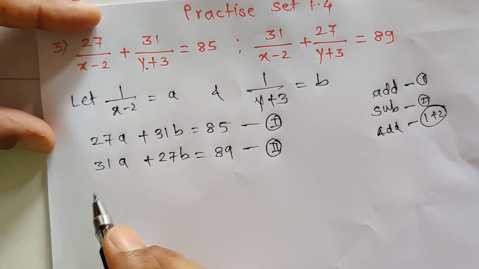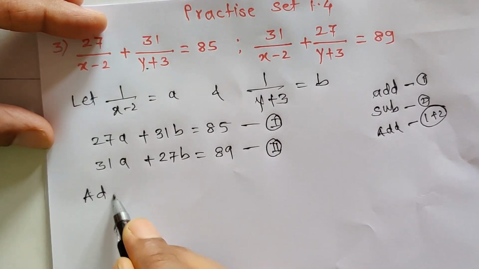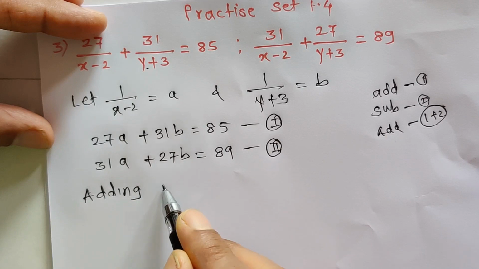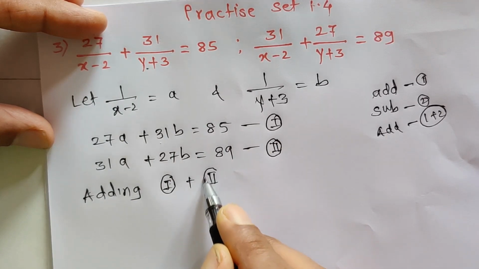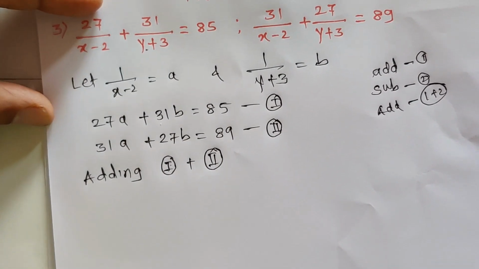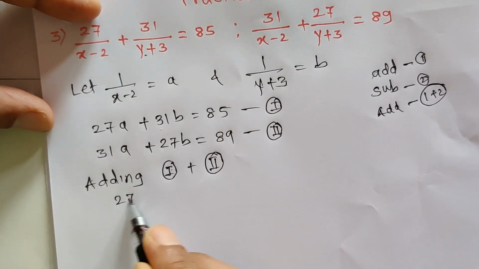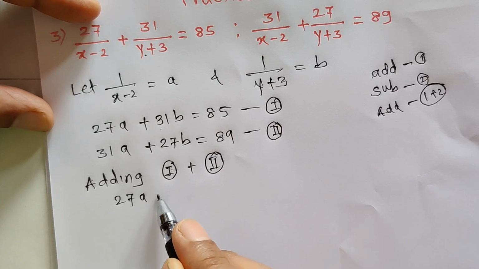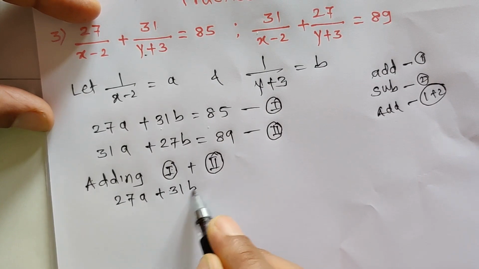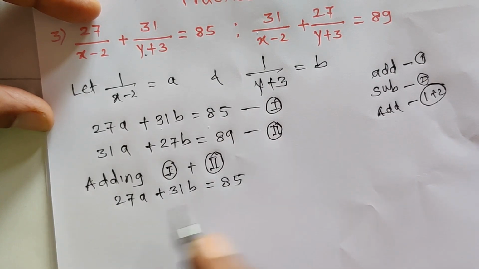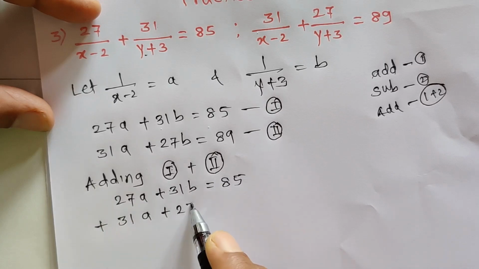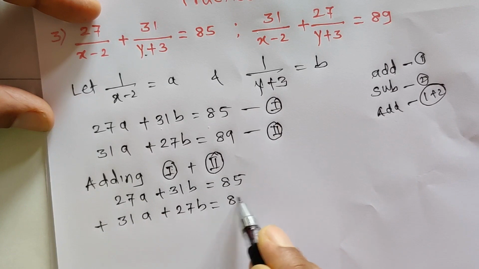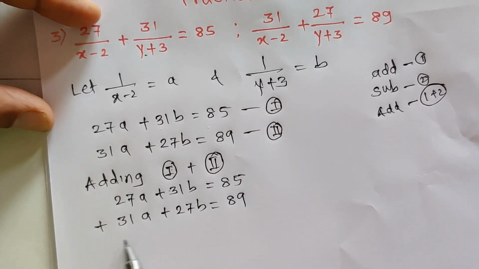So first adding equation 1 and 2. Then we have to write the first equation, 27a plus 31b is equal to 85, plus 31a plus 27b is equal to 89. This is equation number 2.